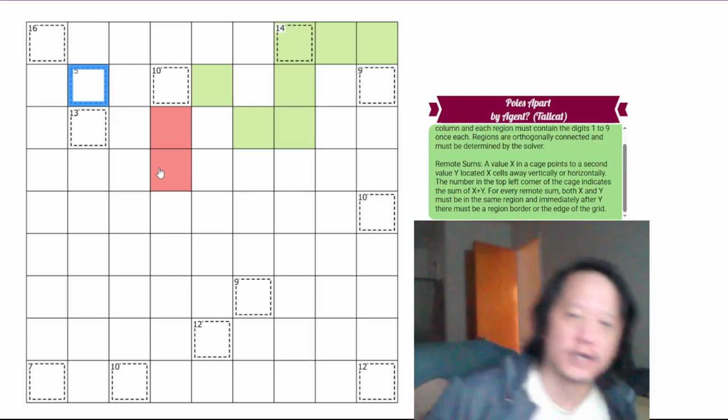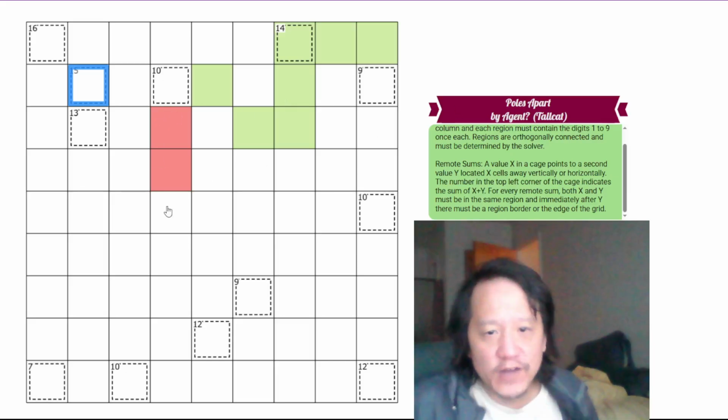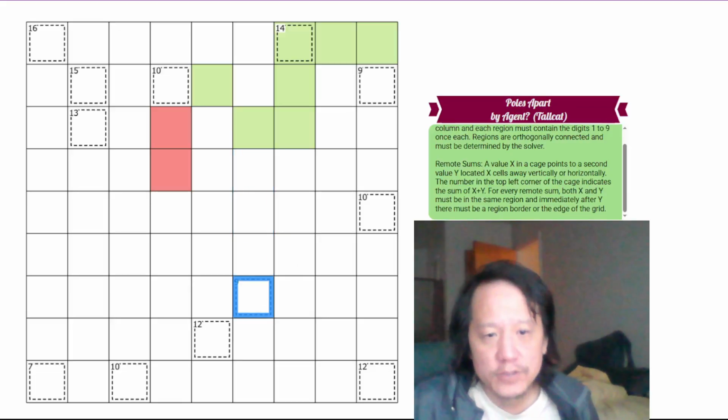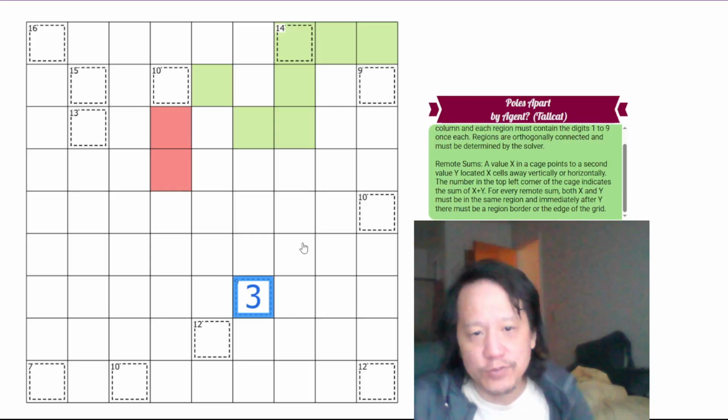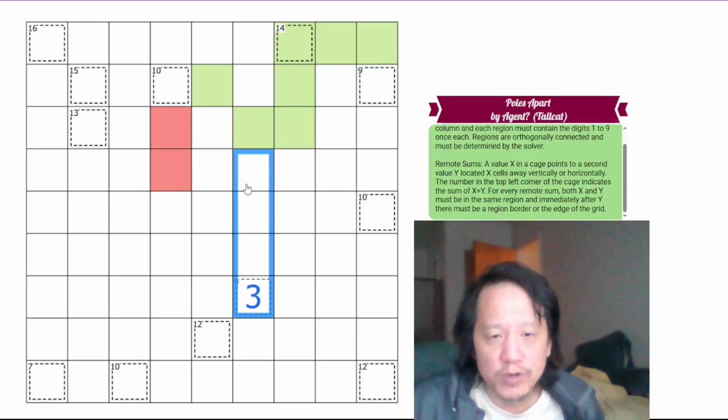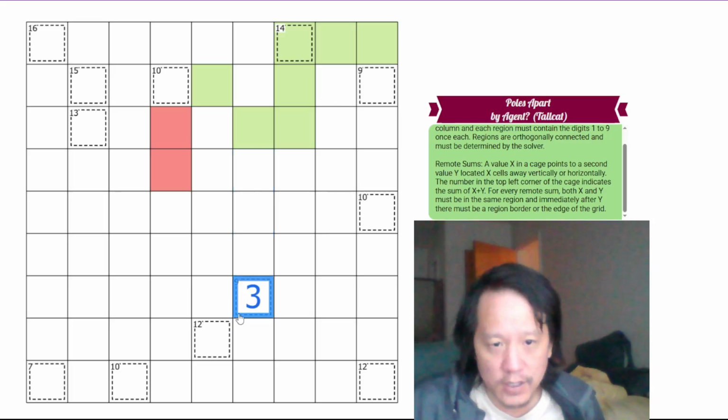Interesting. Okay. So for a value x in a cage that points to a second value y, which is x cells away, for example, if this were a 3, there would have to be a cell that's 3 away from here, which would be either here, here, or here. Can't go this way.